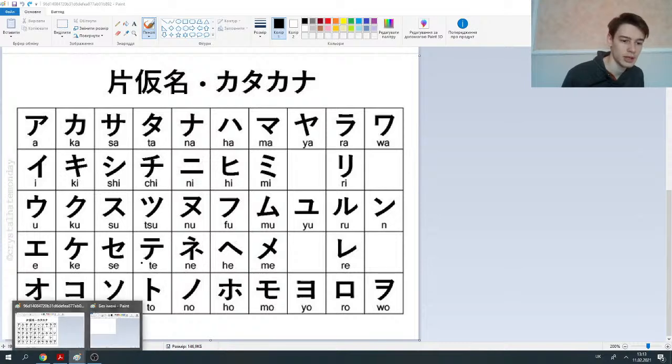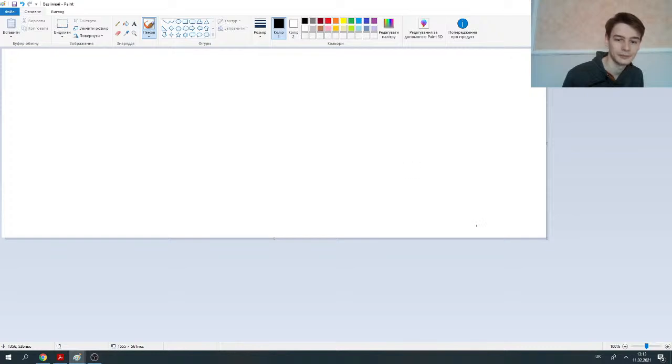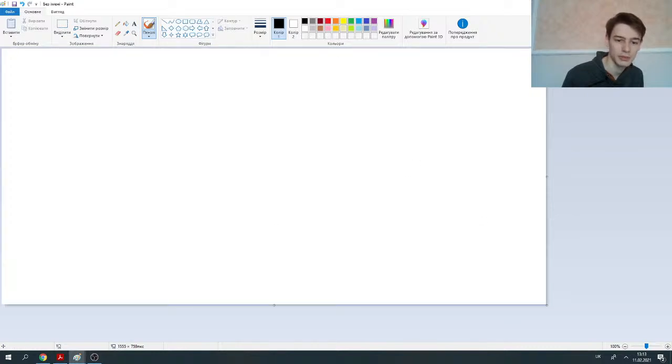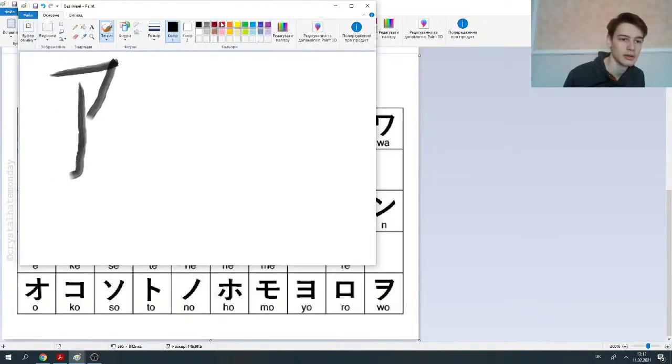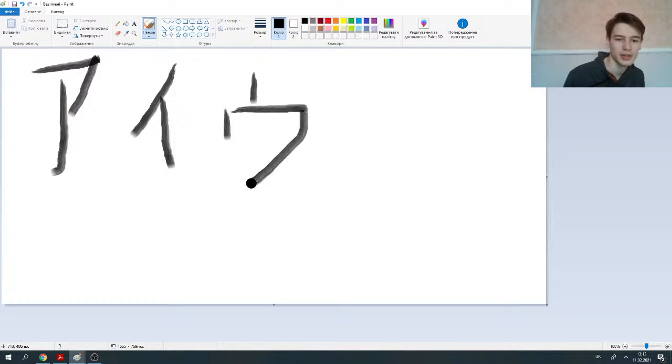Okay, so let me try to do that. Tomorrow we shall do it with the help of such an incredible app as Paint. Okay, so the first one is a. Then we have e, which is like Z, like 1. I, u. Then we have u, which is something like that. A, which is like H on the side.